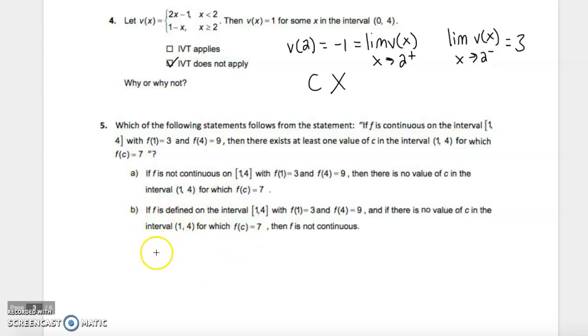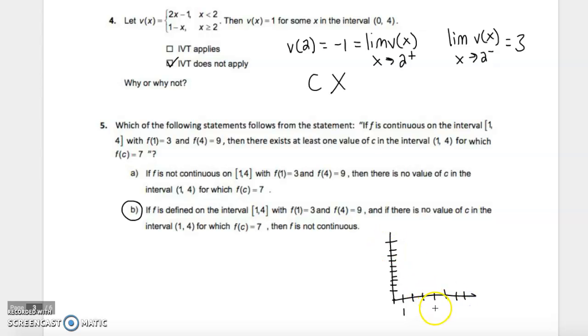So this one has to be true, because if you have a function that's defined on 1 to 4, that means every single point has a point on every number from 1 to 4, and you know that f of 1 equals 3. If I was going to graph it, it would look like this. F of 1, 2, 3, 4, 5, 6, 7, 8, 9, 10. And then 1, 2, 3, 4.